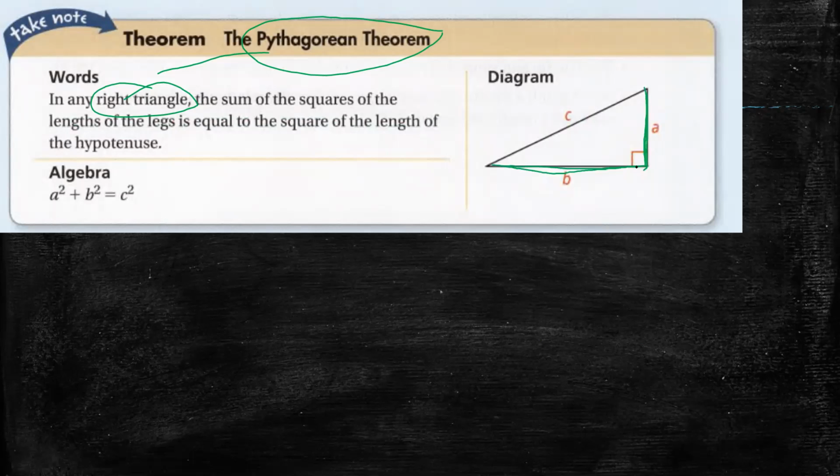His theorem says that if you take the square of the first leg and the square of the second leg, and you add them, the sum of the squares of these two legs will be equal to the square of the hypotenuse. So A squared plus B squared equals C squared.